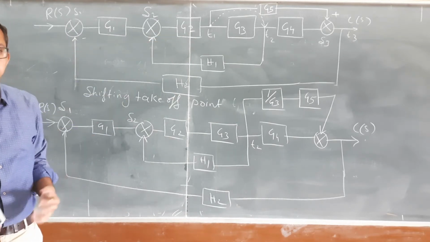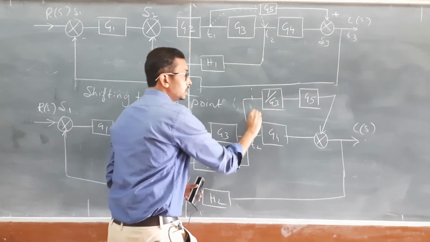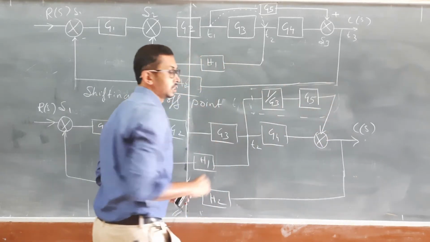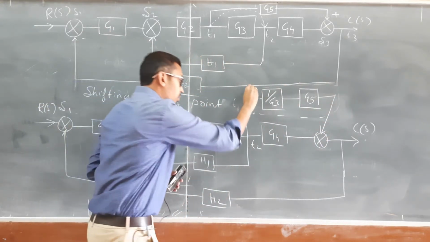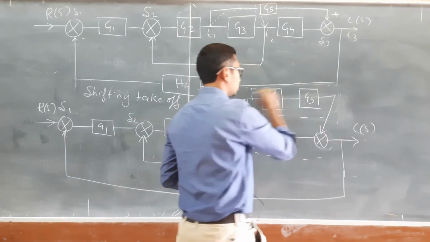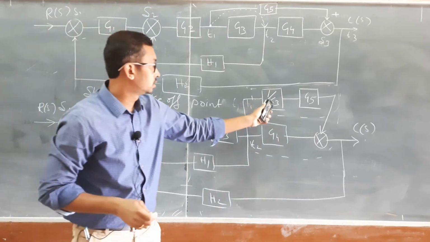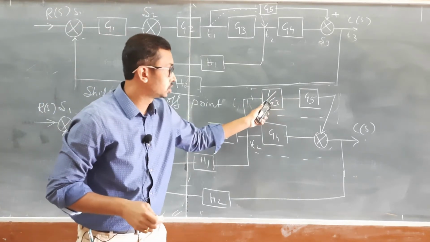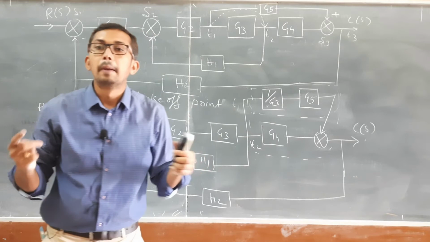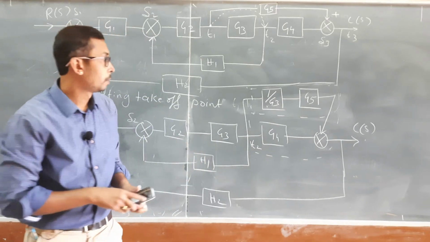What is the next step? See here, these two blocks are in series, and altogether these two blocks are in parallel. So this can be written as a multiplication.